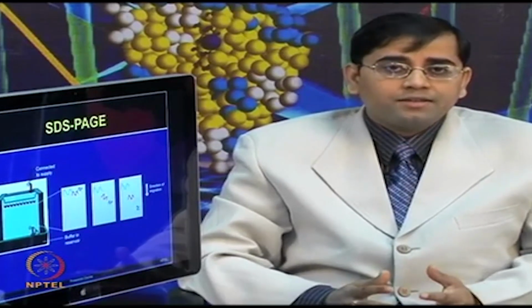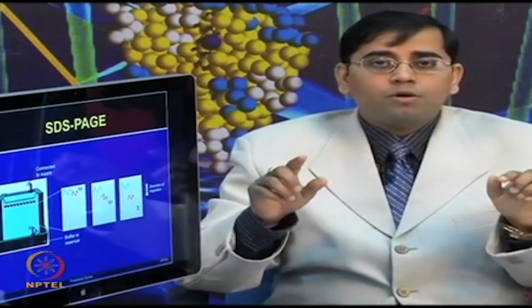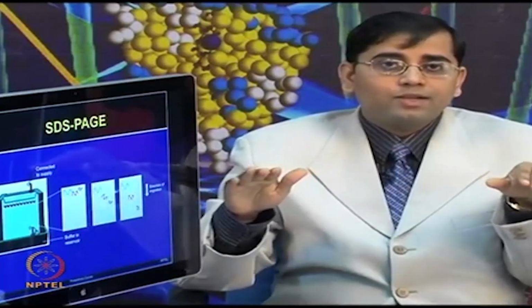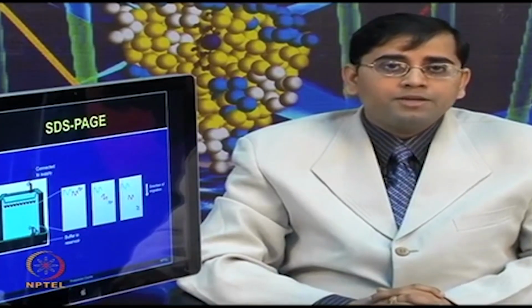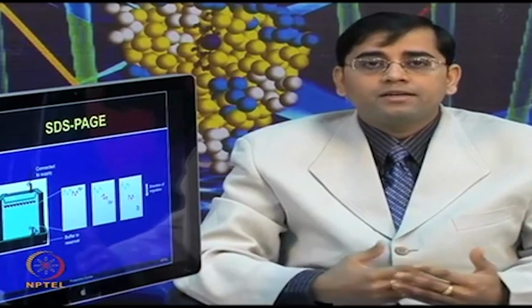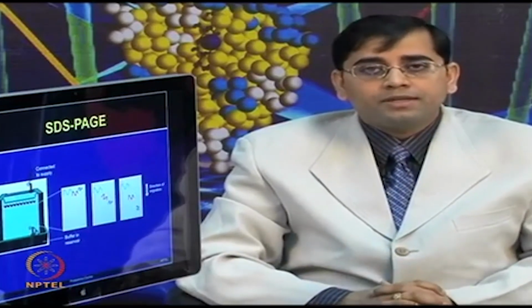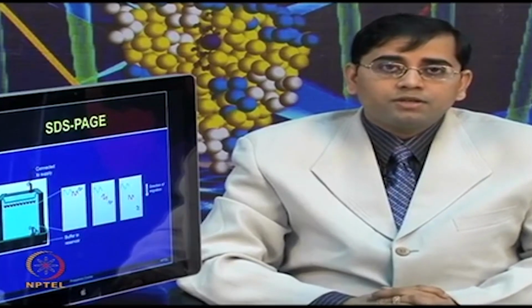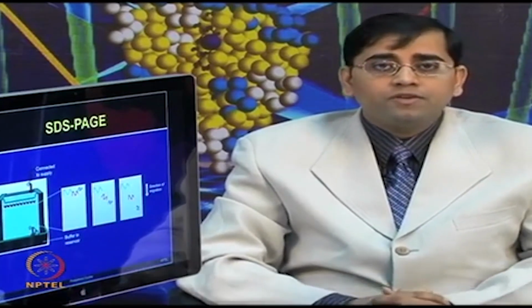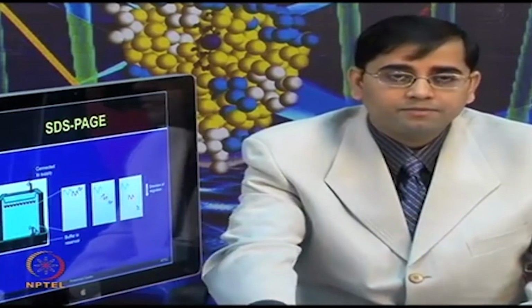So, in this case, you need to make a flat well, so that your IPG strip can be placed on top of the SDS page gel. Again, to remind you, here you are only making the resolving gel for better resolution and separation of the protein. The stacking part is not done for the 2D, which has already been done during the first process of IEF.